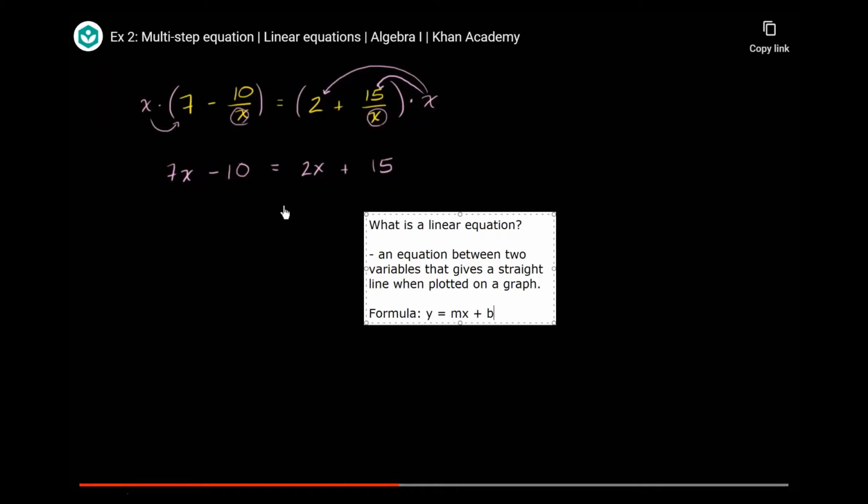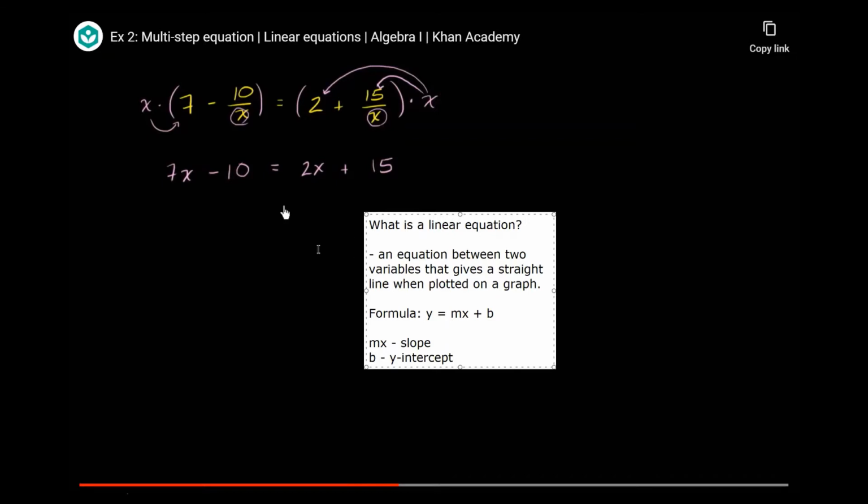So in this problem, your mx, this is your slope. Let me put this down here. Your mx, that is your slope. Then your b, that is your y-intercept.